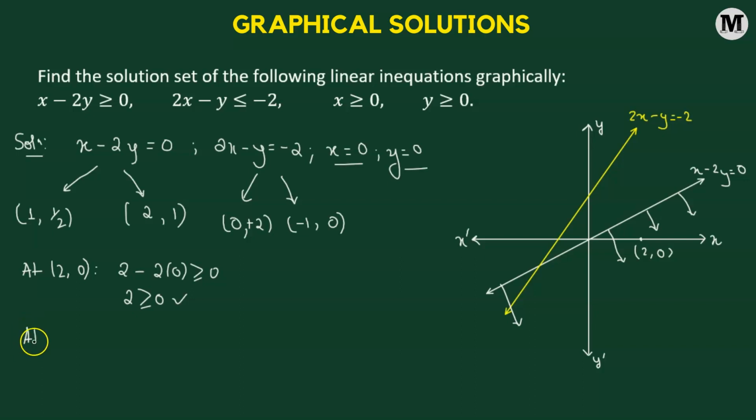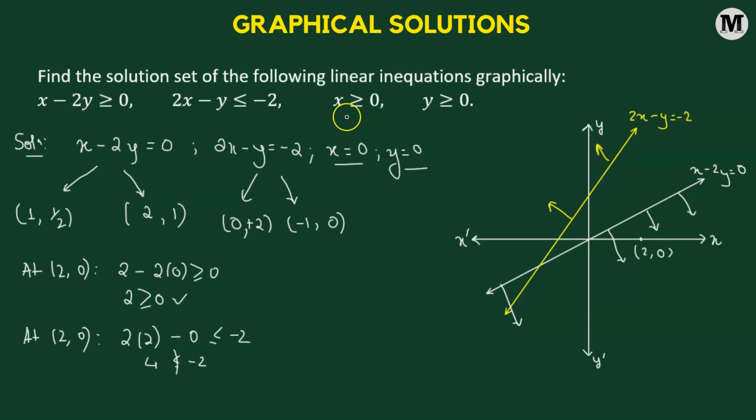At (2, 0), our inequality will be 2 times 2 minus 0 less than or equal to negative 2. So we are getting 4 less than or equal to negative 2, and this is an incorrect statement. 4 cannot be less than negative 2. In other words, the region that contains the point (2, 0) cannot be a solution to the inequality 2x minus y less than or equal to negative 2. So we have to consider the region that's above the line.